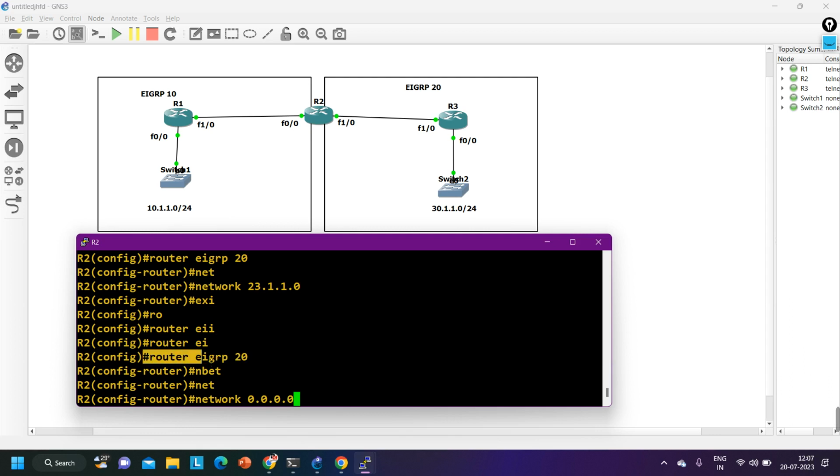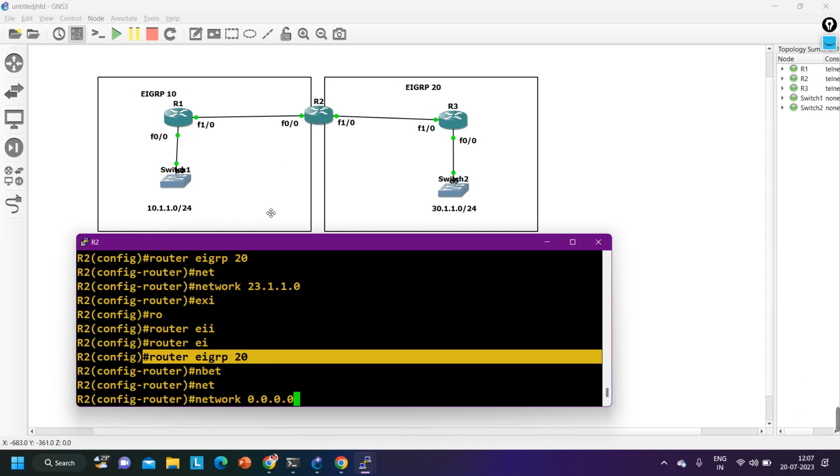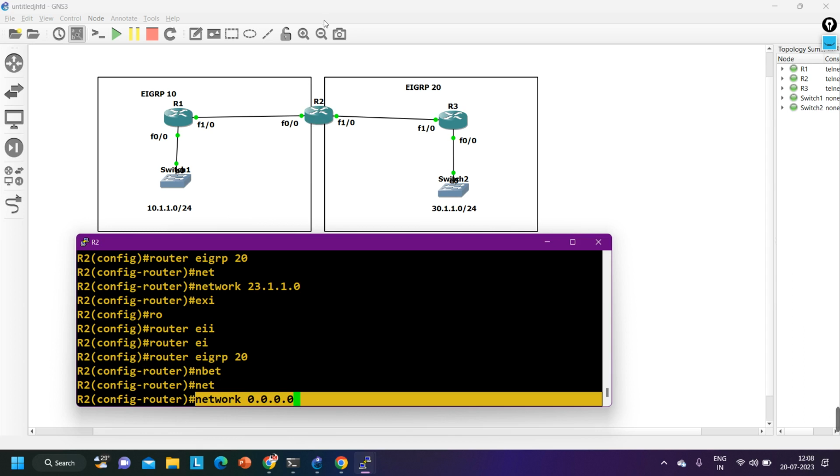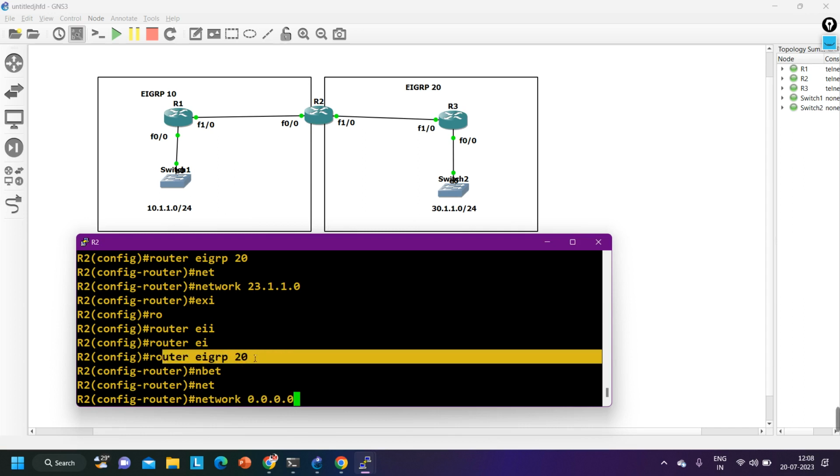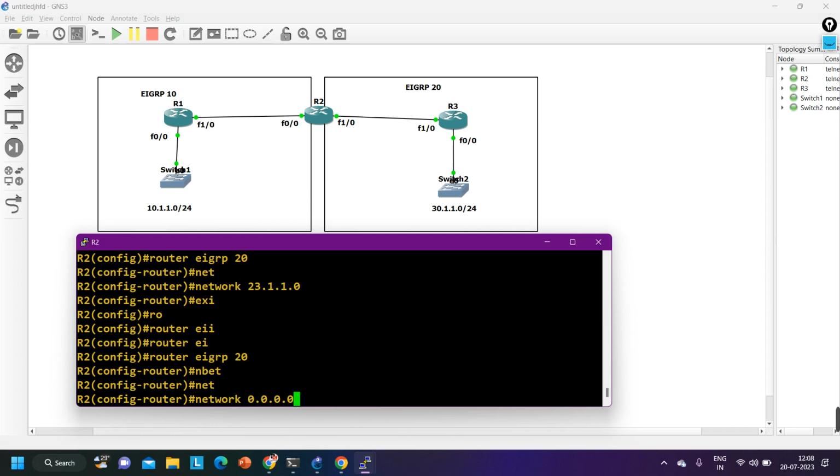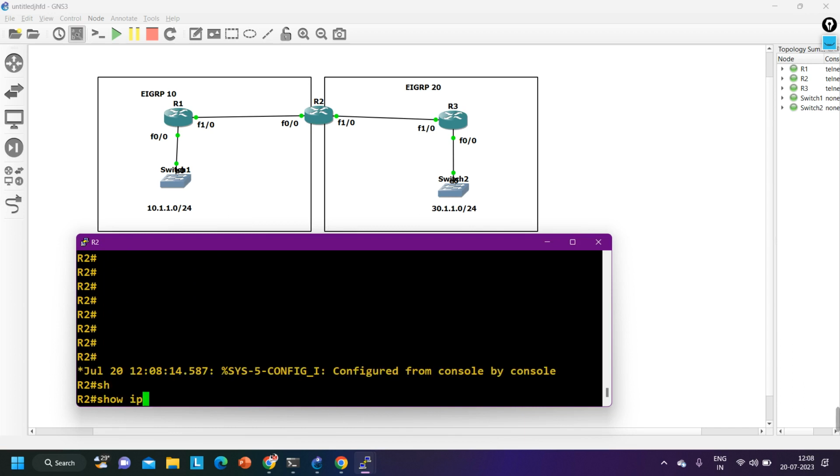On router number 2, if I run the network 0.0.0.0 command, both interfaces will be advertised in EIGRP AS number 20. Okay, got it. So we cannot run the network 0.0.0.0 command here.